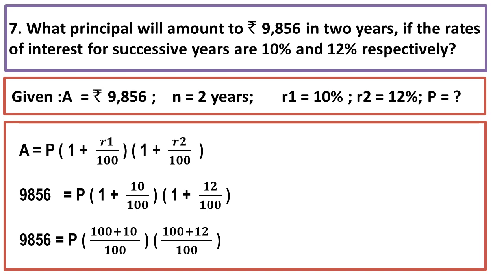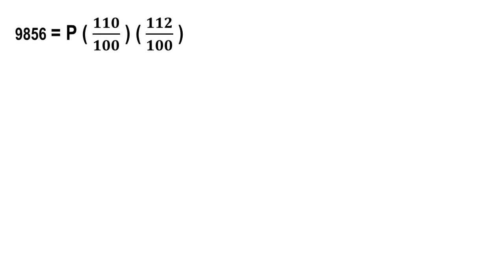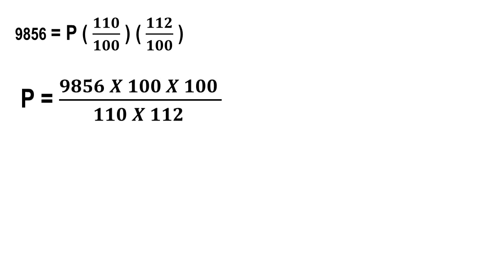So it results as 9,856 is equal to P into 110 by 100 into 112 by 100. Try to do the cross multiplication. P is equal to 9,856 into 100 into 100 whole divided by 110 into 112. After doing the necessary simplification, the P, the principal amount, will be equal to rupees 8,000.